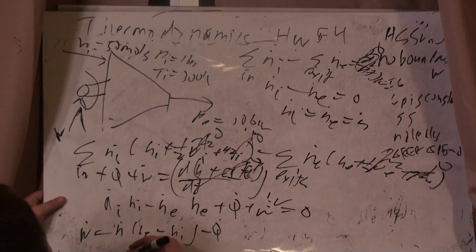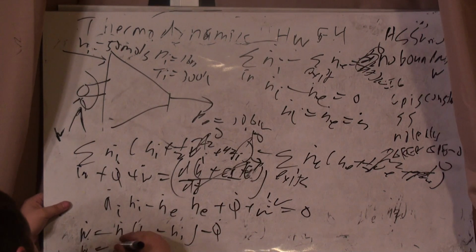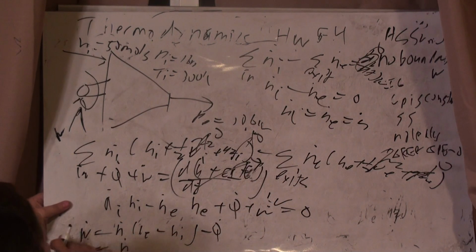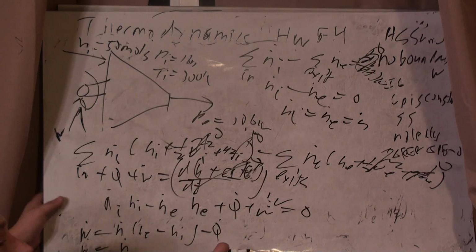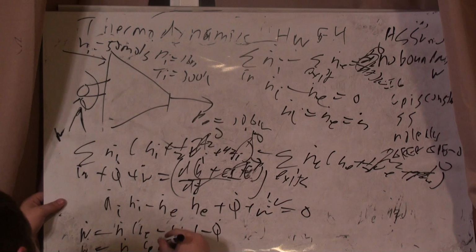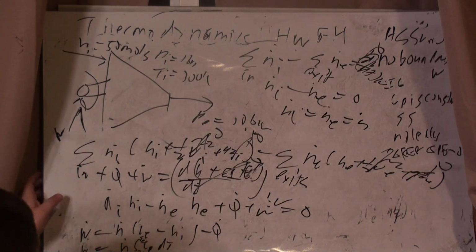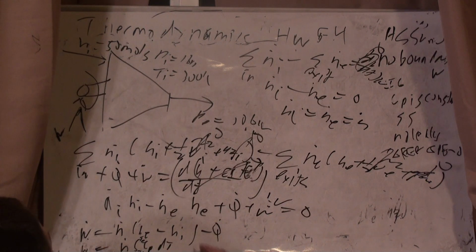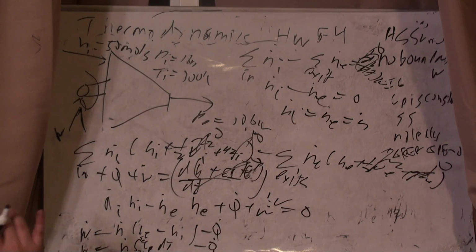This is an ideal gas, so this becomes the integral of Cp dT from T in to T exit, minus Q dot.